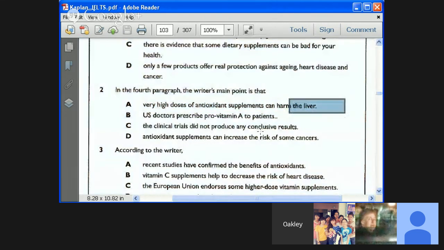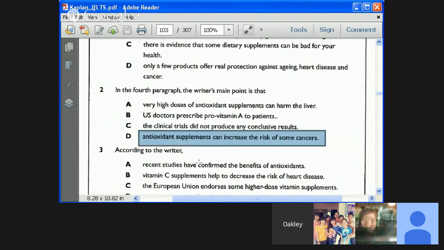Here the answer says the liver, but the reading passage says the lungs. U.S. doctors prescribe vitamin A to patients? Absolutely not. Had nothing to do with that. That was not there. Clinical trials did not produce any conclusive results. No, they didn't. They were abandoned. So C is quite possible. Antioxidant supplements can increase the risk of some cancers.